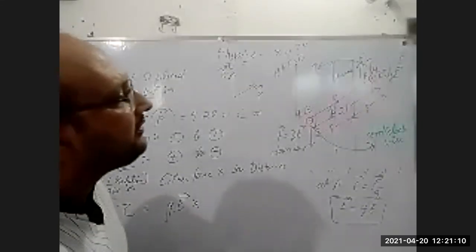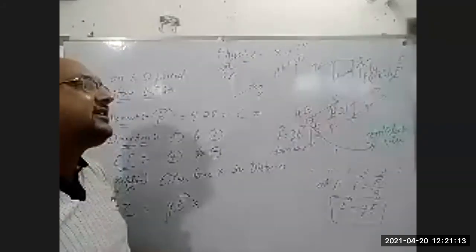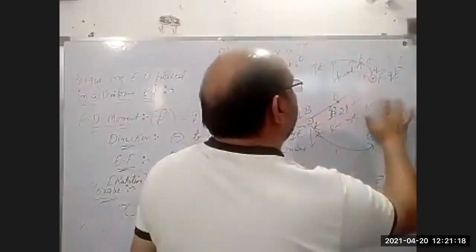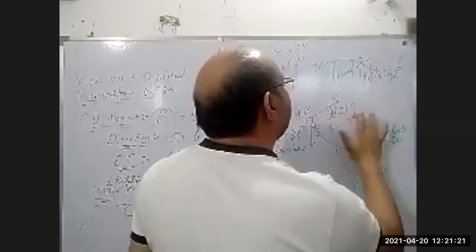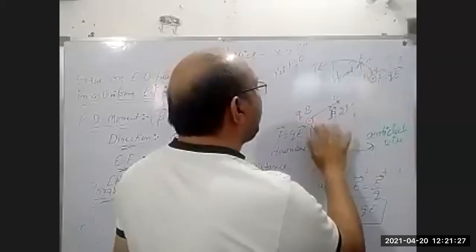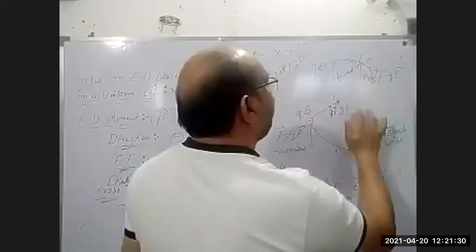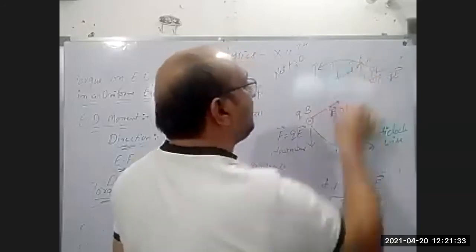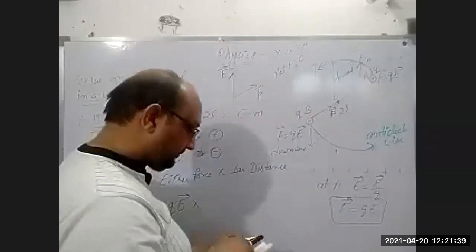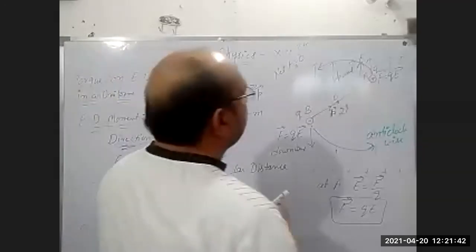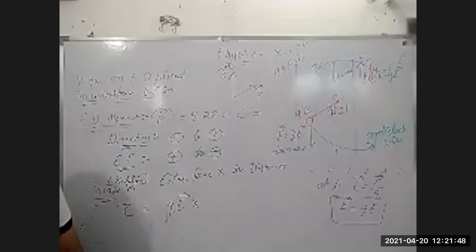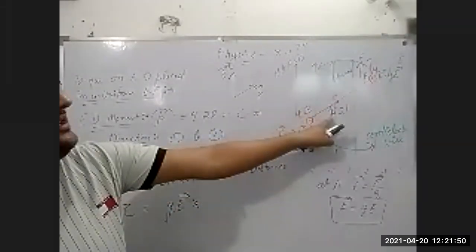How will you take the perpendicular distance from this diagram? We can find it by first taking the angle between this rod, this dipole, and the electric field. In this diagram, you can see the dipole moment and the electric field.